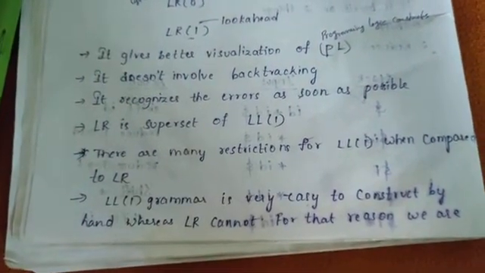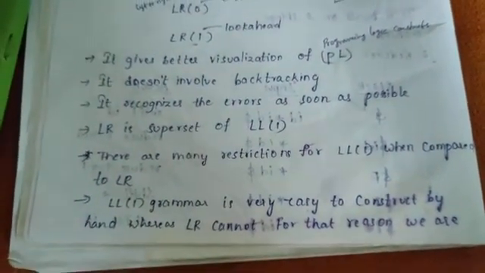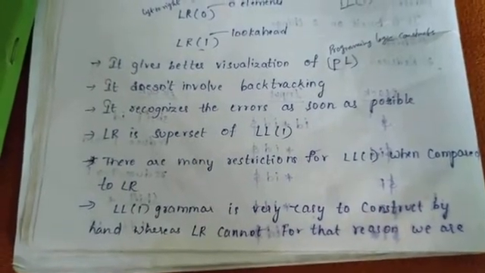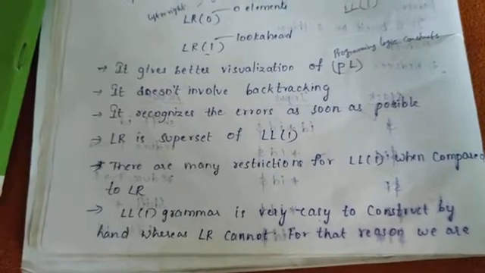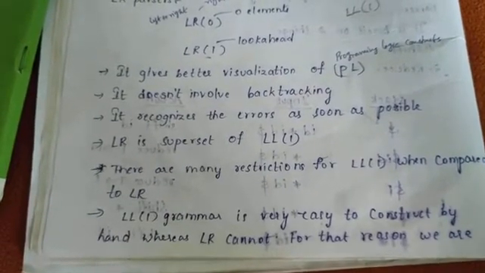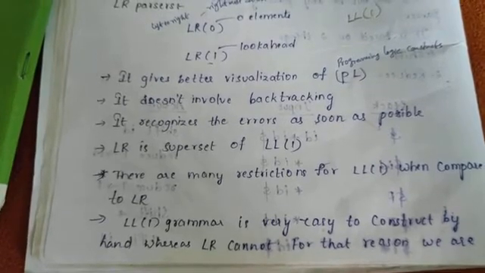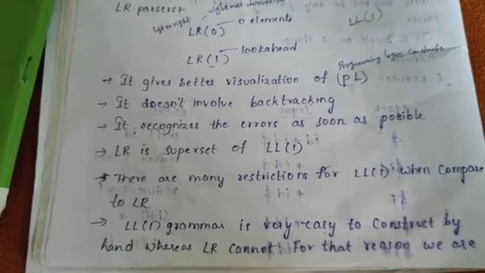There are many restrictions on LL1 grammar compared to LR grammar. Why? Because LL1 grammar does not support ambiguity, left recursion, left factoring and backtracking, such types of concepts.